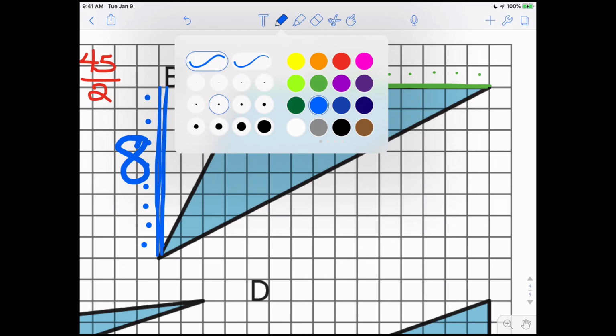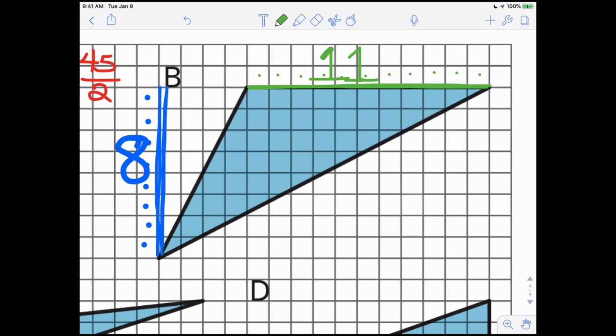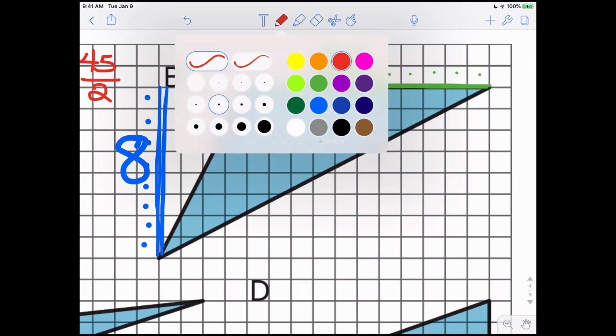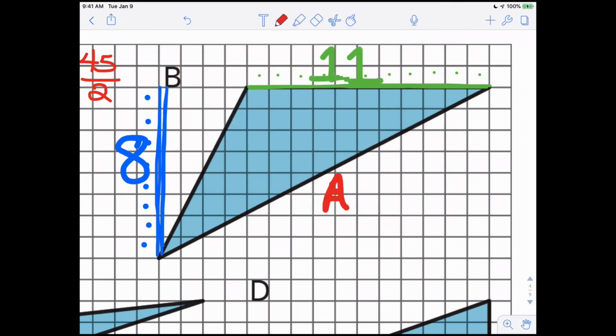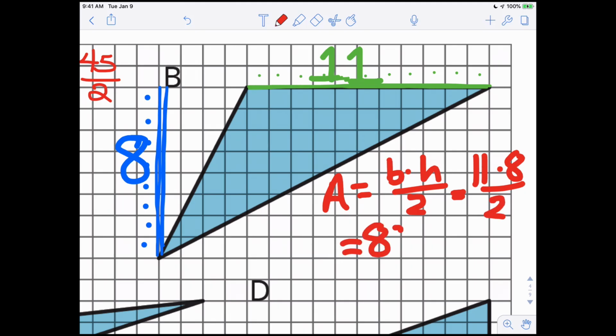Our base is 11 right here. So our area is equal to base times height divided by 2, which is 11 times 8 divided by 2, which is 88 divided by 2, which is 44 square units.